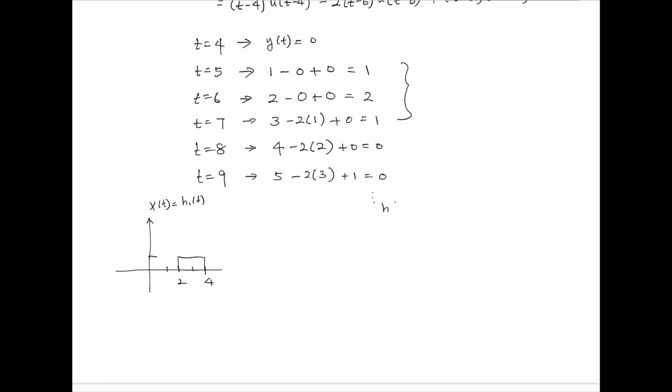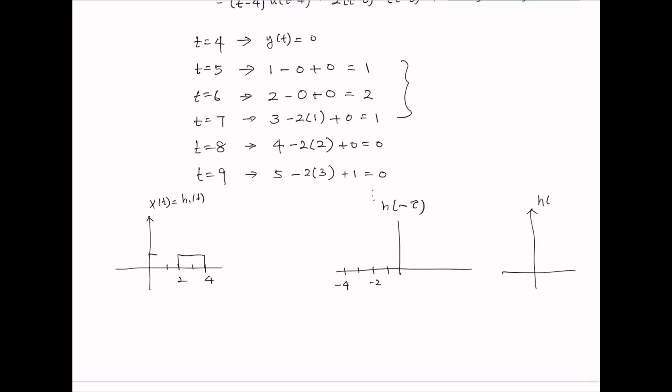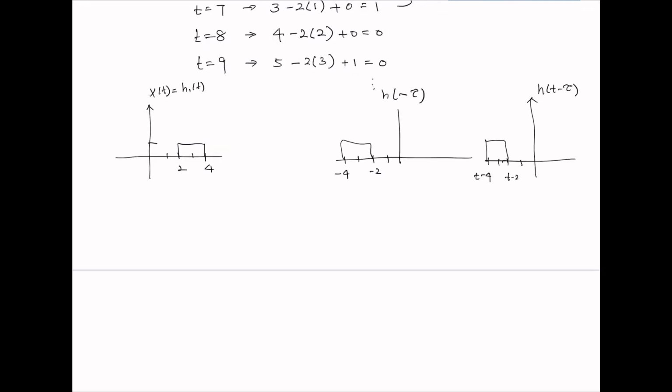And then h of negative tau, going from negative 2 to negative 4, and then h of t minus tau, so t minus 4, t minus 2. Now we replace h of t minus tau on the left side of the graph. It looks like this.